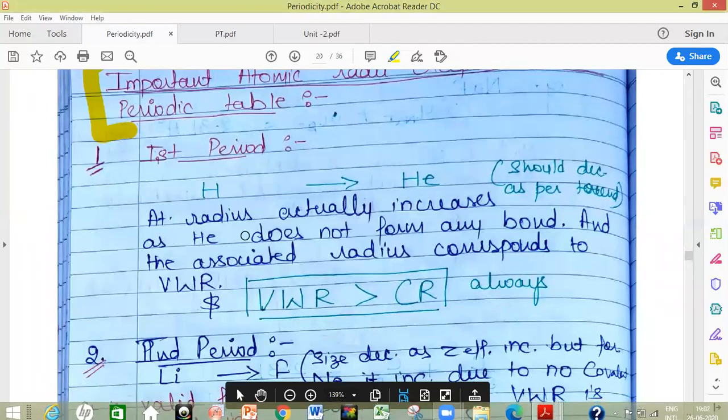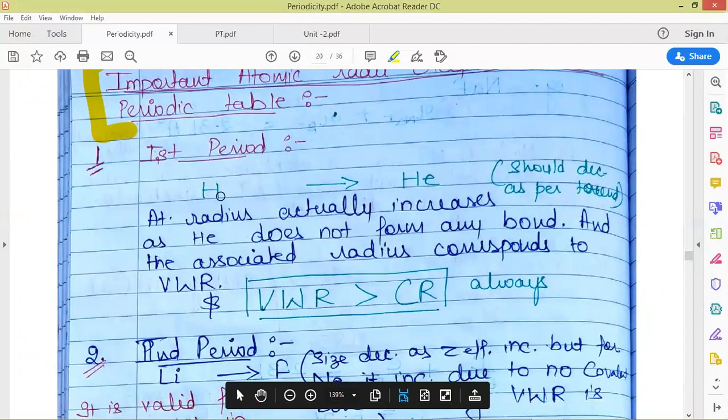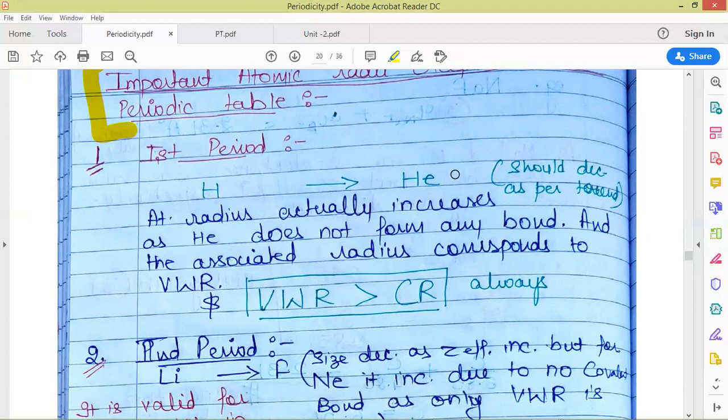As we have studied so far, as we move along the period, the size decreases due to increase in nuclear charge and electrons getting added to the same shell. But there is a large difference in case of helium and hydrogen. Helium is way bigger in size than hydrogen. Why is it so?